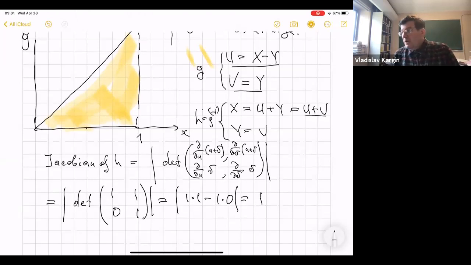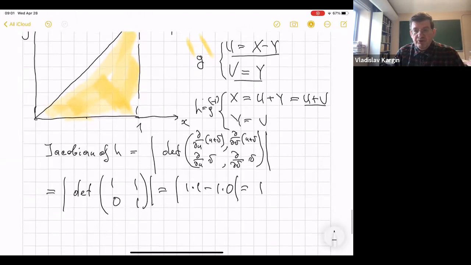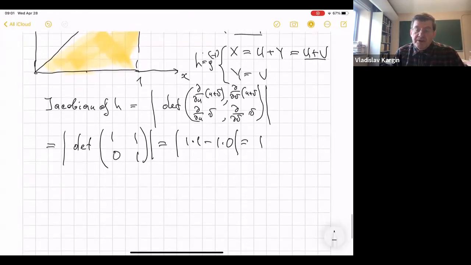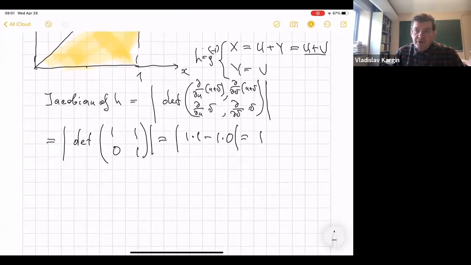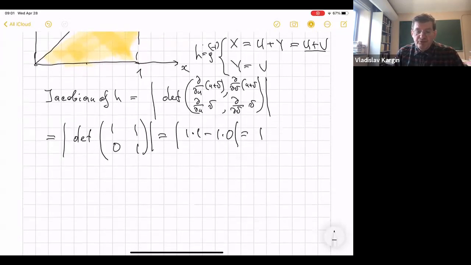So happily, the determinant is just equal to 1. With the Jacobian in this specific case, we shouldn't worry about it. This is not very usual, maybe not very instructive, but it happens that with this transformation the Jacobian is equal to 1.